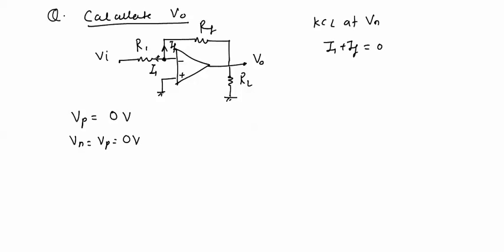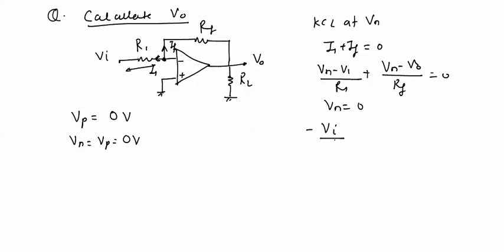I1 is the current going in this direction, so we get Vn minus Vi upon R1 plus IF, written as Vn minus V0 divided by Rf, equal to 0, and we know that Vn equal to 0 volts, so minus Vi upon R1 minus V0 upon Rf equal to 0.